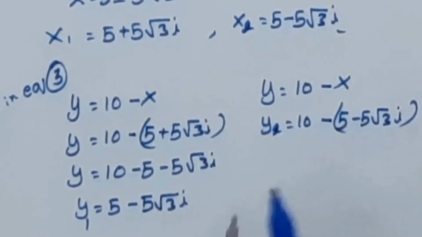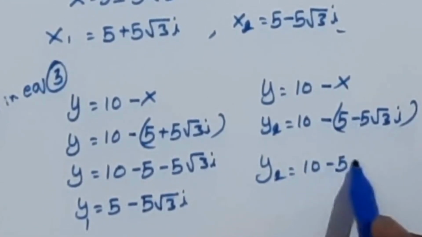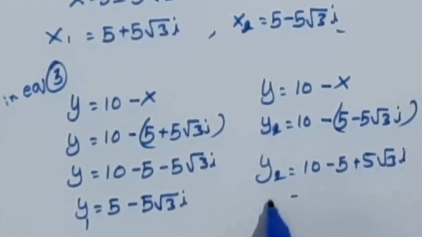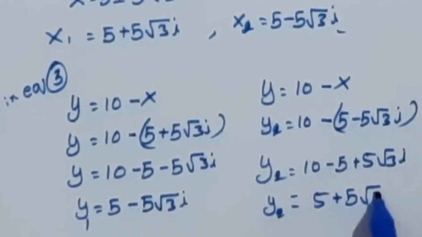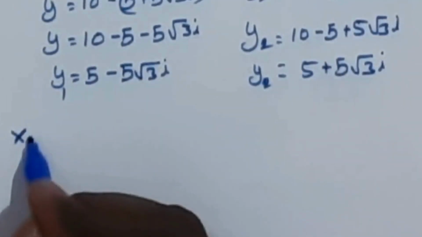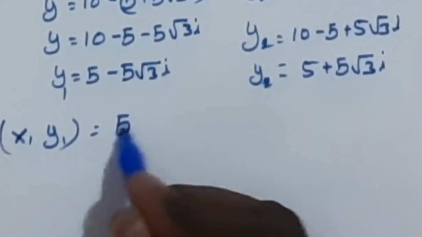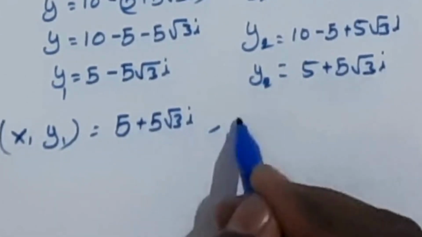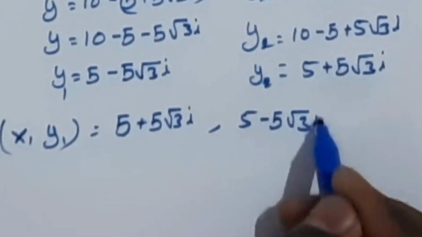We are substituting this. So y2 equal to 10 minus 5 plus 5 square root of 3i. So y2 equal to 5 plus 5 square root of 3i. x1, y1 equal to 5 plus 5 square root of 3i, comma, 5 minus 5 square root of 3i.